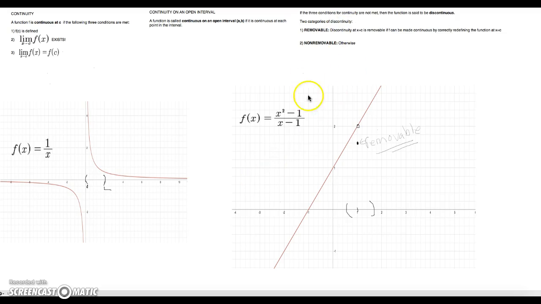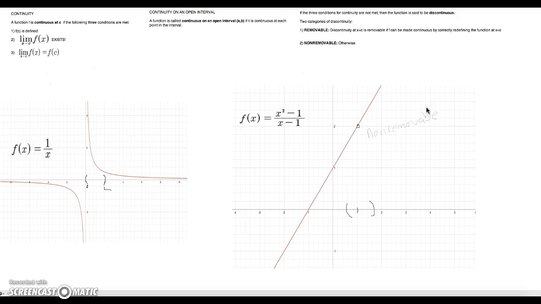So what do we have here? In this case, it is removable if we add this point. But if this weren't here, go back a few steps. Right now, this is non-removable, according to our definition, because it can't be redefined. That's the way the function was given to us, and it's undefined there.